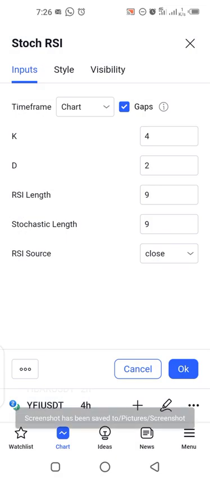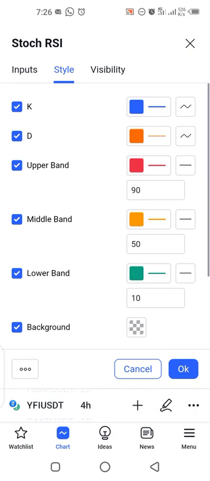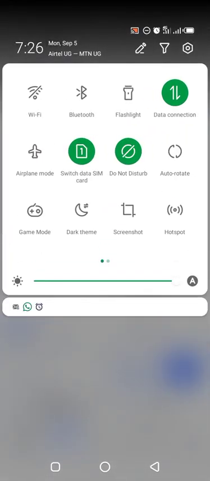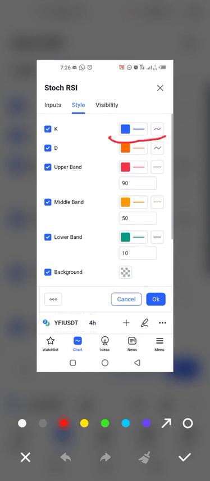Now we go to the style. This is one of the hardest points. Some people meet a lot of challenges with the style. To make it simple for you, you touch this area here, the color only. That's where we're going to put our focus all through here, the colors.